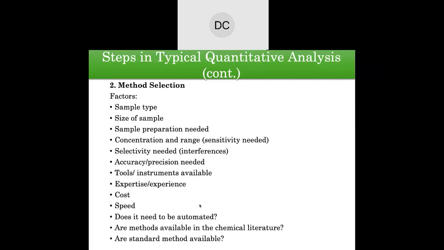So we need to only find the chromium, but then boleh jadi dalam tu ada lain-lain metal, earth metal yang lain lah. So you need to buang dulu the interference. Okay, so that is what we call a selectivity needed. It's very selective method. Kalau instrumen tu sangat selektif, dia tak nak benda lain. Kalau ada benda lain, dia terganggu, tak boleh baca dah. Error, cakap macam tu. So you need to remove the interferences.